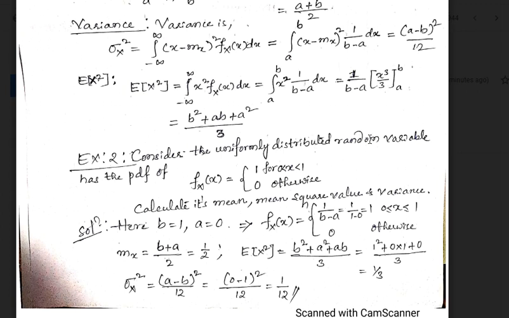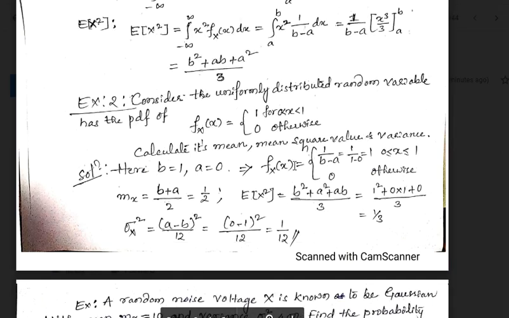Consider a uniformly distributed random variable having the PDF fx of x equal to 1 over the range 0 to 1, and 0 otherwise. Calculate its mean, mean square value and variance. Comparing this with the given, the lower value a is 0 and b is 1.